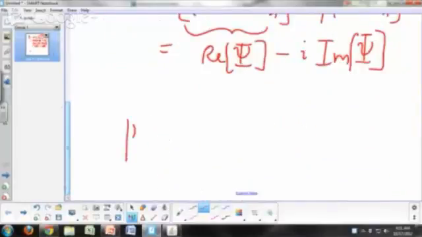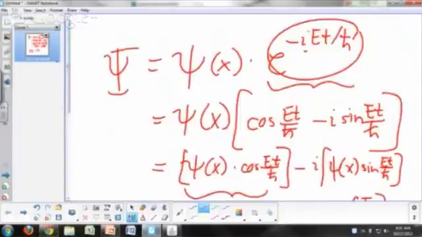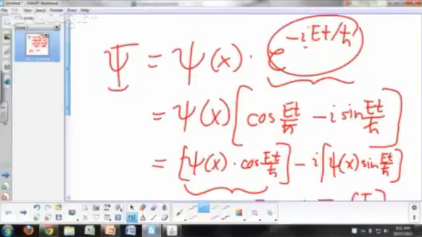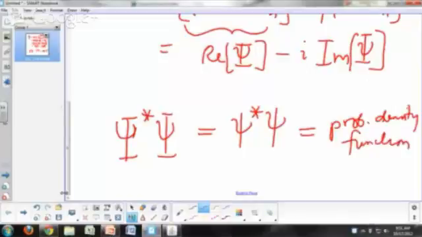The complex conjugate of big psi times big psi gives you little psi star times little psi, because the complex conjugate of this term is e to the plus i E t over h bar, and when you multiply that through, you just get e to the 0. So here's your probability density function. It's independent of time. You have a stationary state.